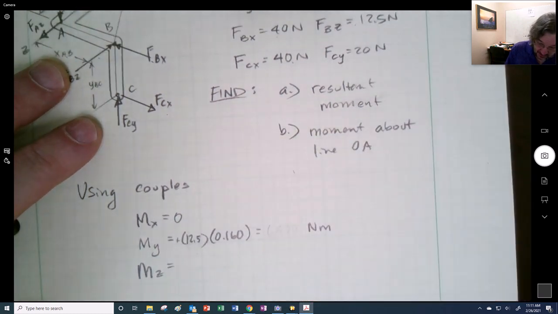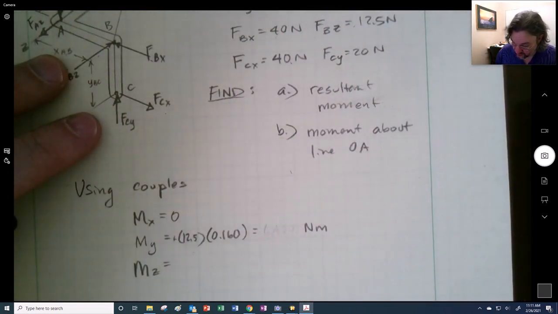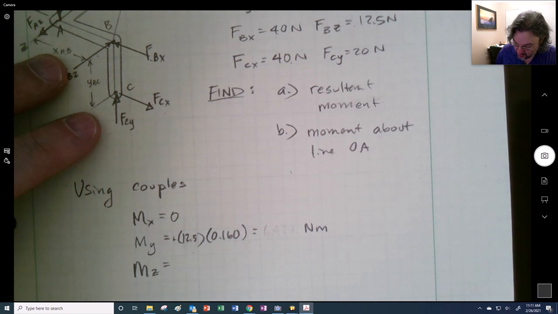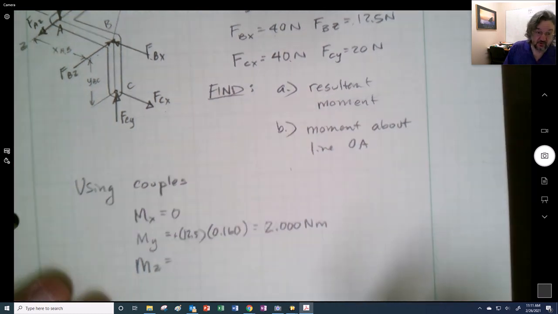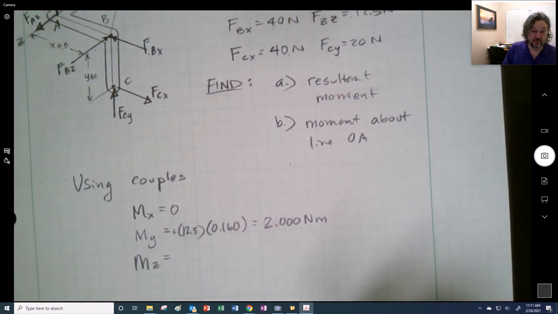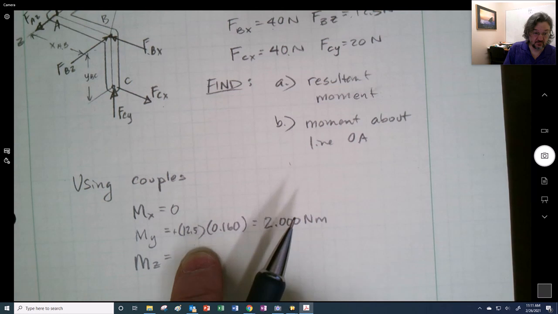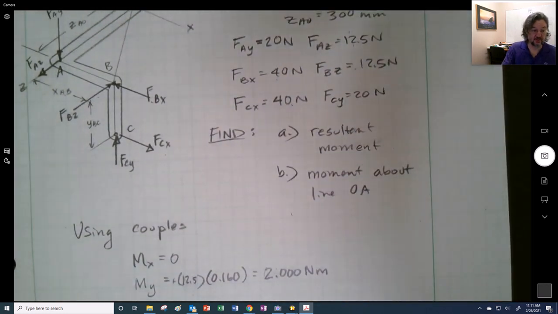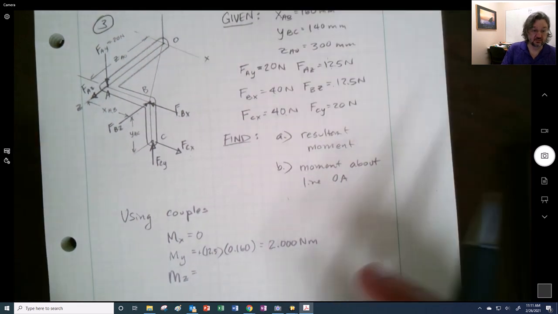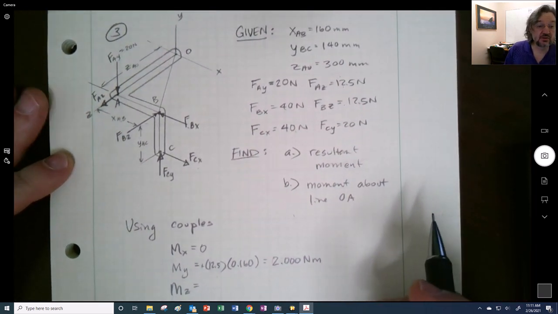So what's my 12.5 and 0.16? So we're going to get 2 Newton meters about there. Okay, so 2 Newton meters across there, and then for this one.